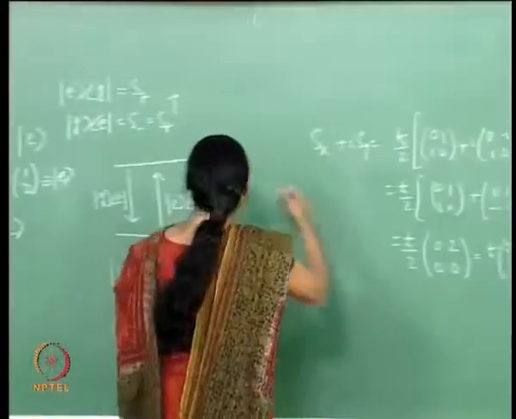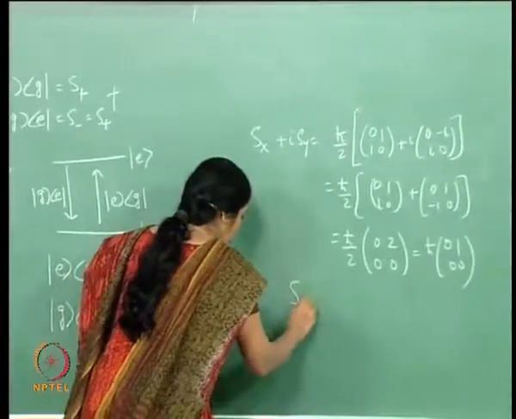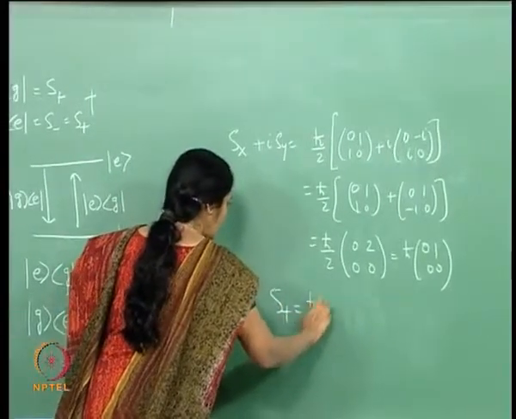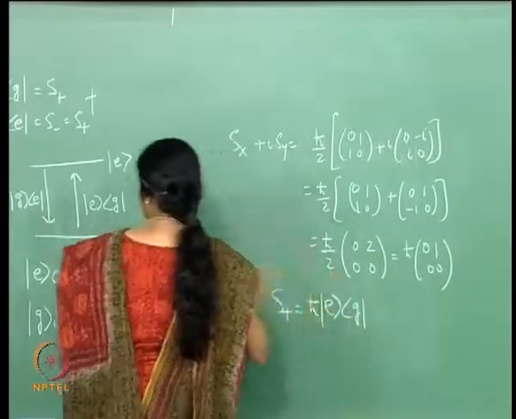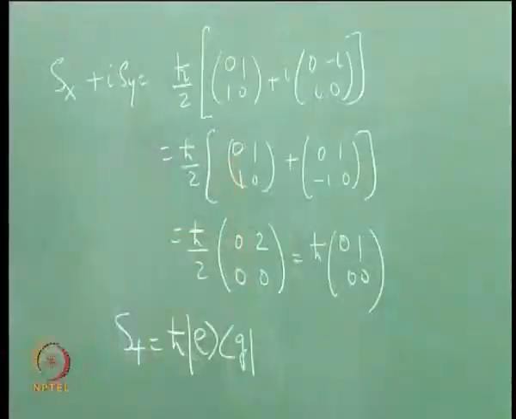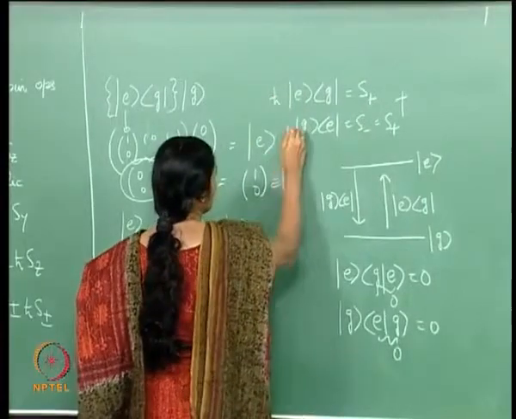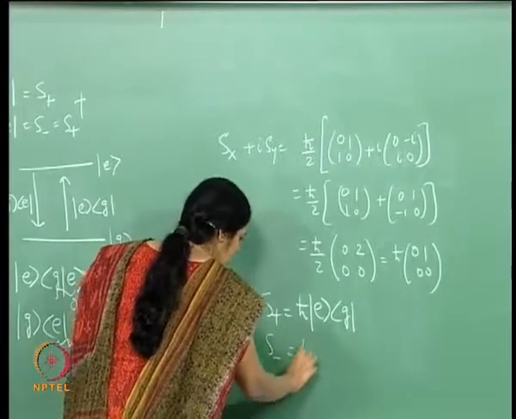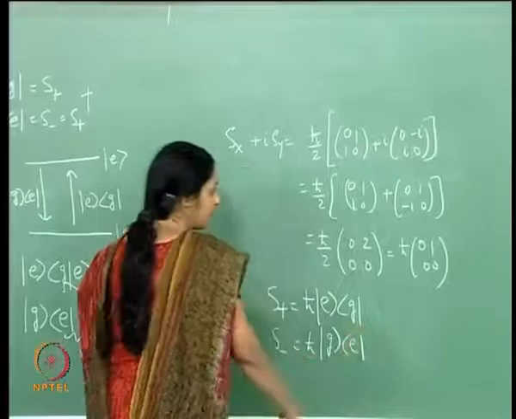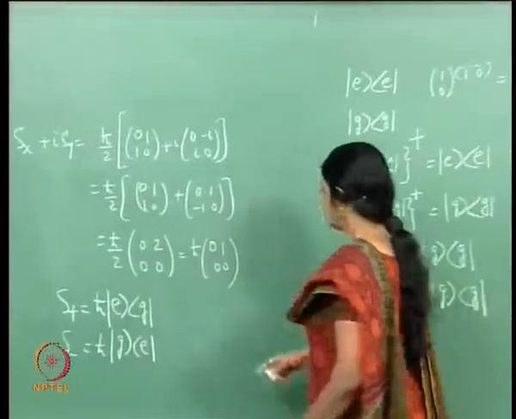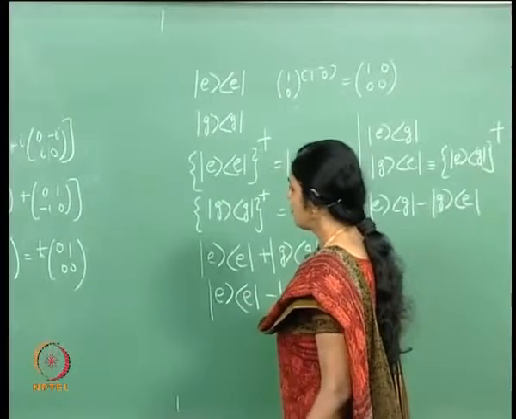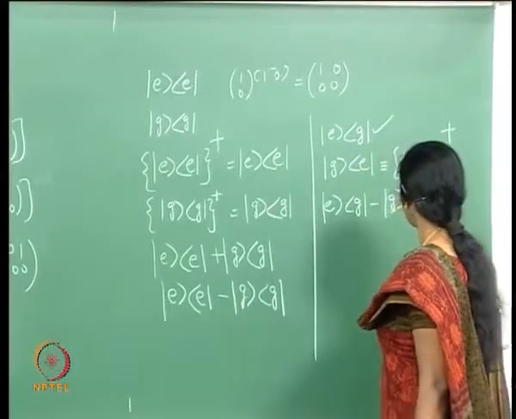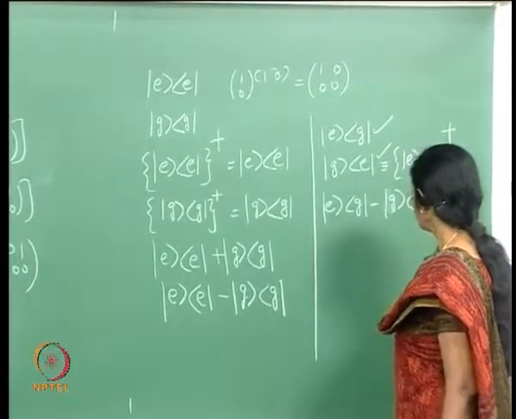And therefore, by a similar procedure, I can find that Sx plus i Sy, which is S plus, is simply ħ |e><g|. So I just have to write ħ |e><g| is S plus and ħ |g><e| is S minus. We have therefore discussed the job that these two operators do. We now know what exactly is the role played by |e><g| and what is the role played by |g><e|.